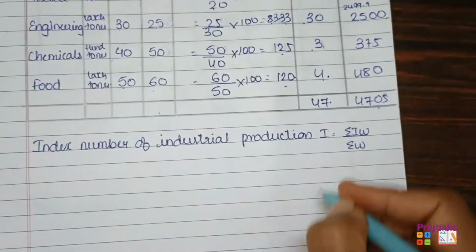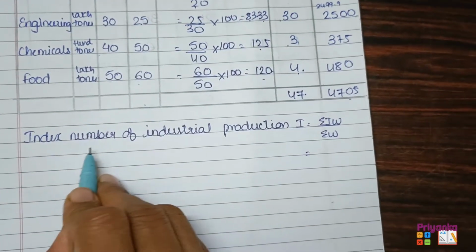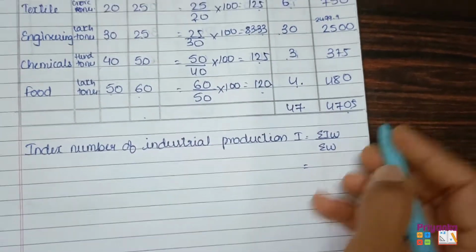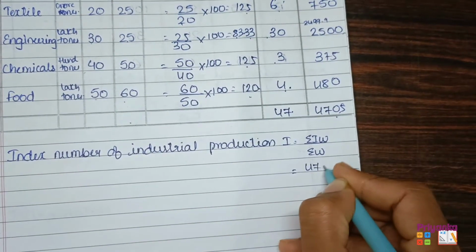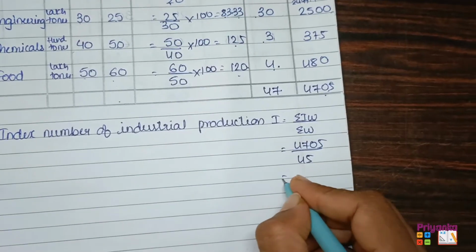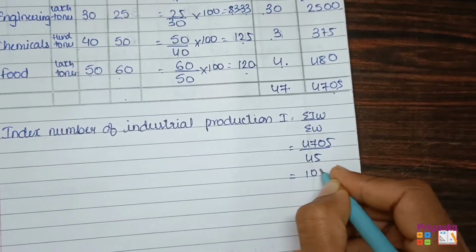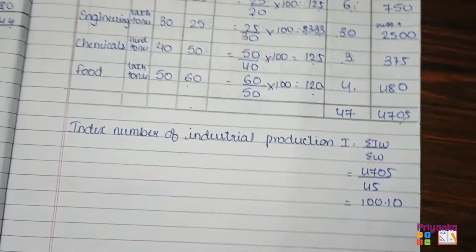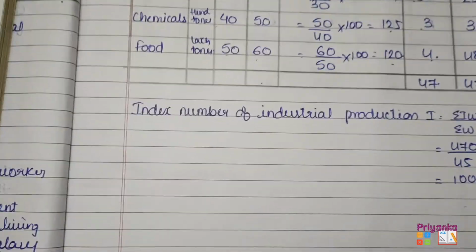Now take the value in formula. Here you can see index number of industrial production. Here sigma IW is 4705. Divide with the total of weight, that is sigma W, and the answer will be 100.10. Now in the question they also told you to interpret it.